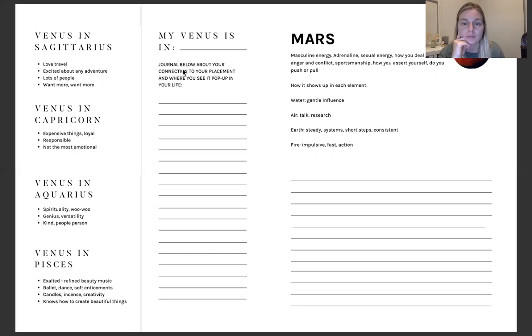So Mars with water is like a gentle influence, because you think about the element of water and you think about an ocean. It's very flowy, but if there's a storm or something gets stirred up, it might cause some issues. But generally speaking, a Cancer Mars or a Pisces Mars is going to be more of a passive placement. It's like they're almost feminine in their masculine energy, if that kind of makes sense.